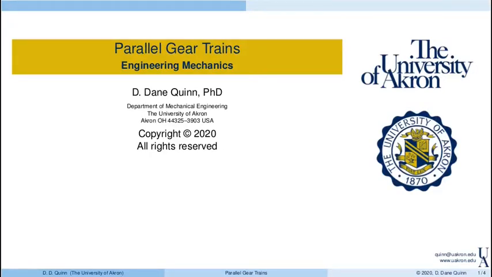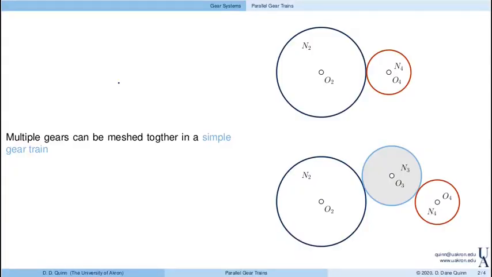Today's video lecture, we're going to talk about parallel gear trains. We can mesh gears together in a parallel gear train. As seen here in the figure, we have two gears that are in contact, and we'll define the angular velocity of gear 2 as omega 2 k, and for gear 4, we'll have omega 4 k.